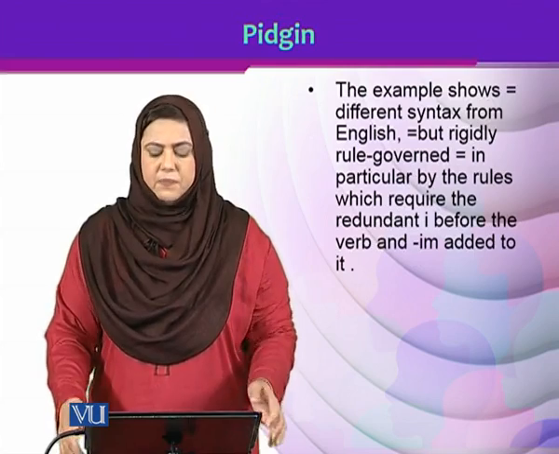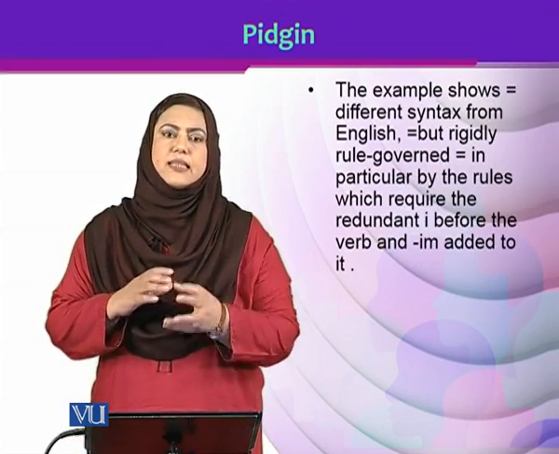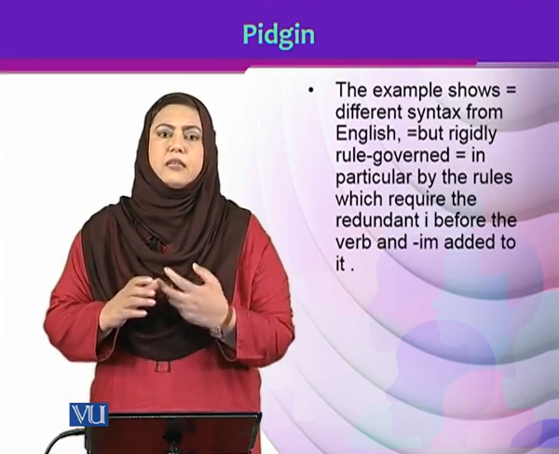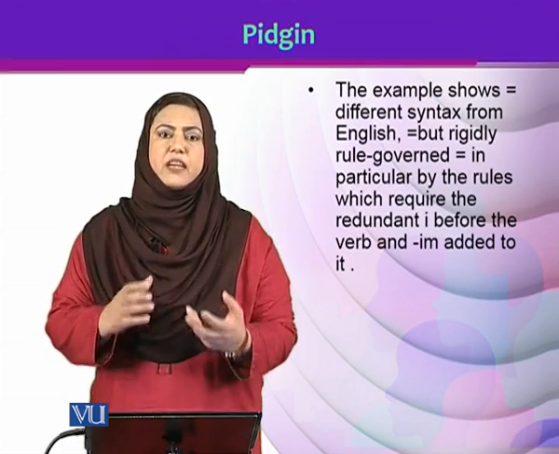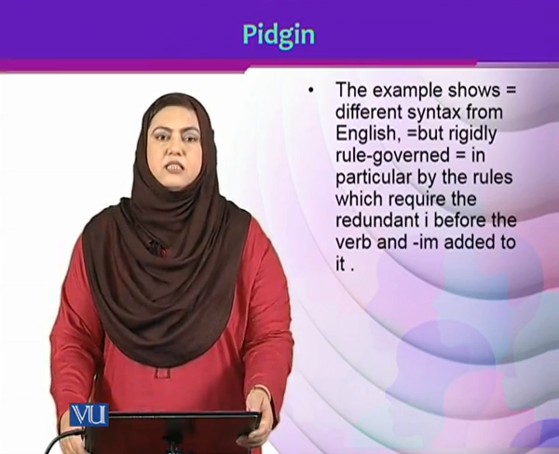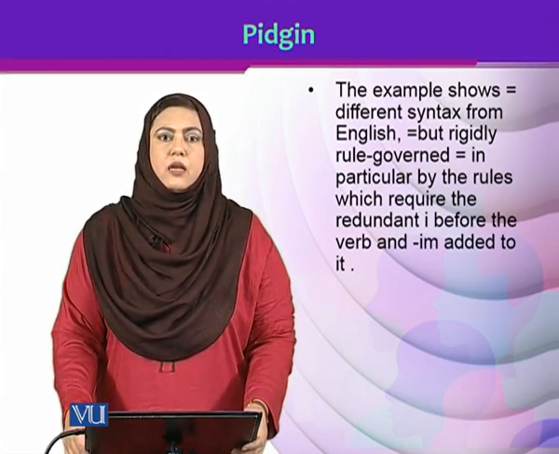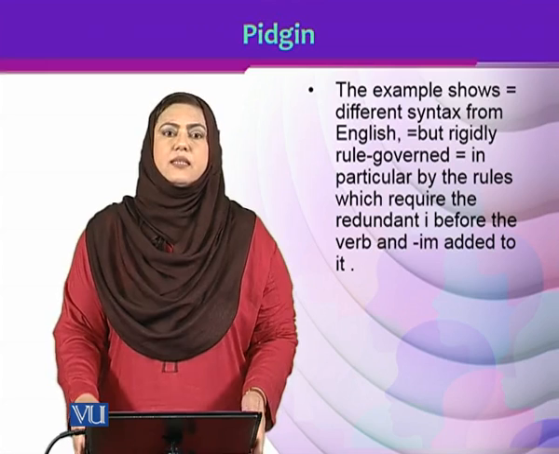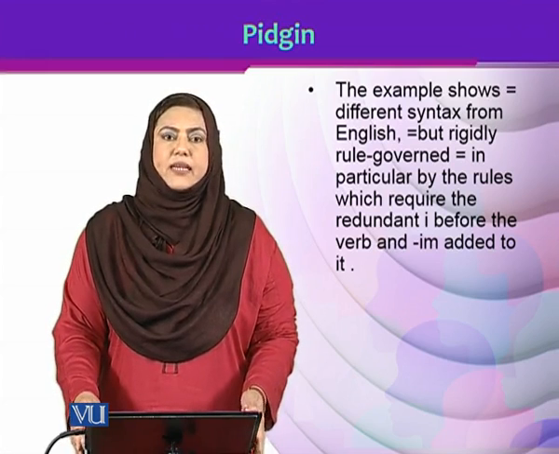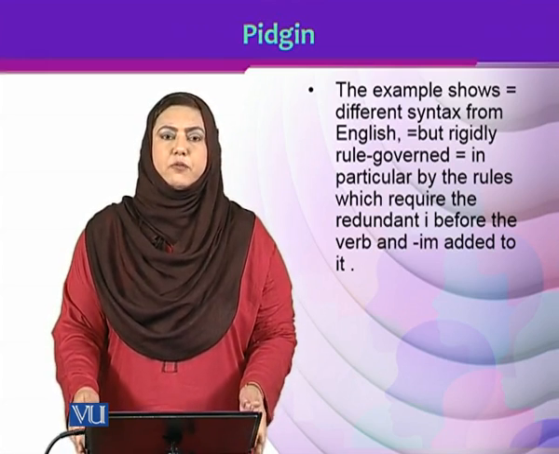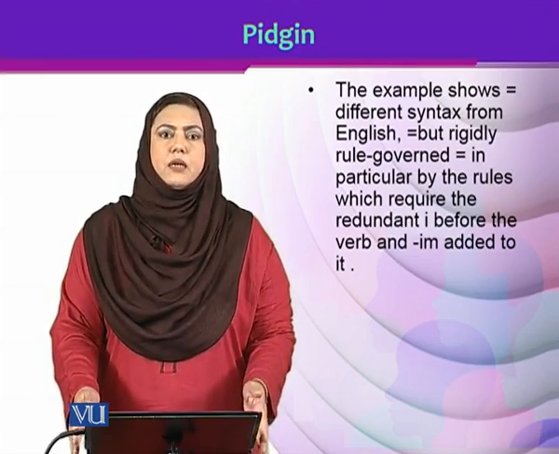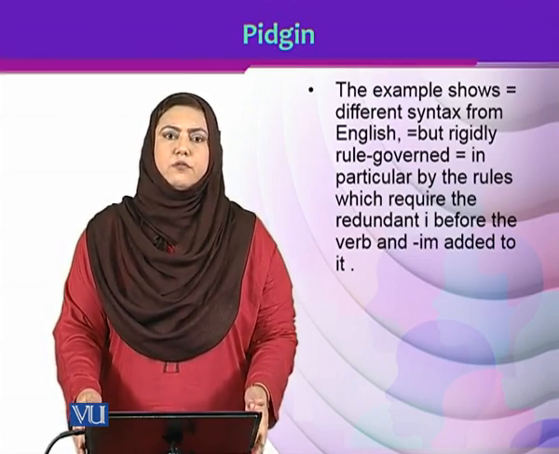So, the example shows how the syntax and the vocabulary and even the pronunciation are simplified to create this variety of Tok Pisin that is used as a pidgin. So, overall, the pidgins serve the purpose of providing a means of communication by providing a very simple new form or variety of a language.